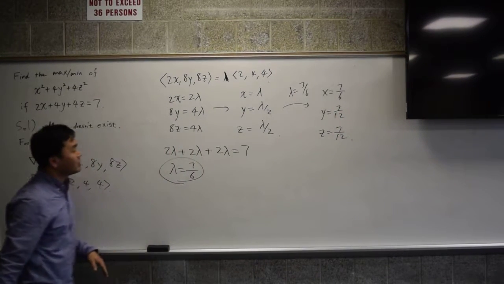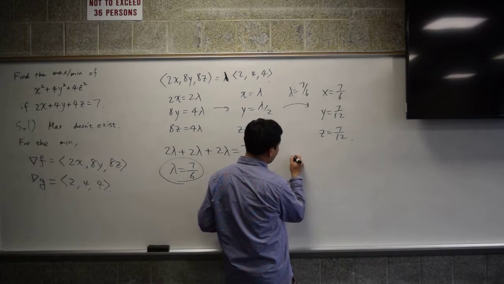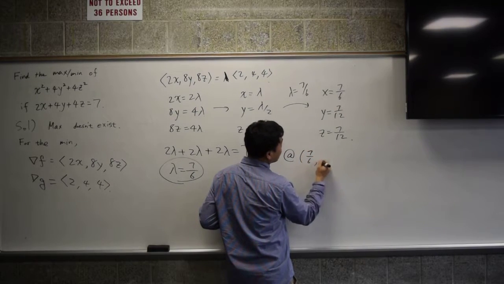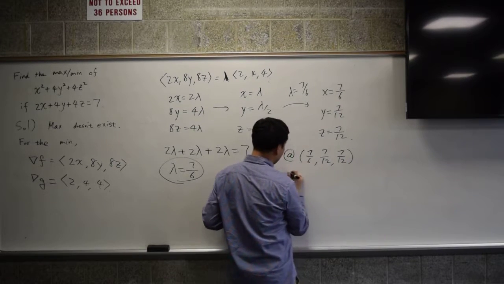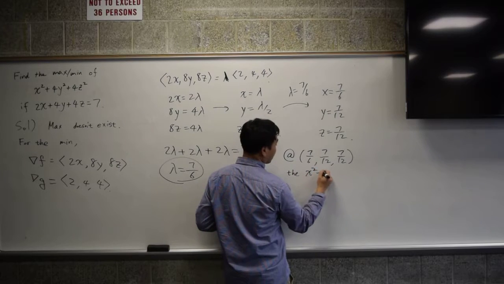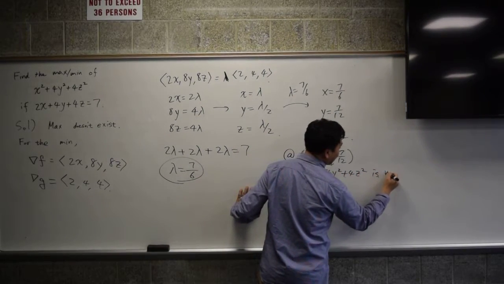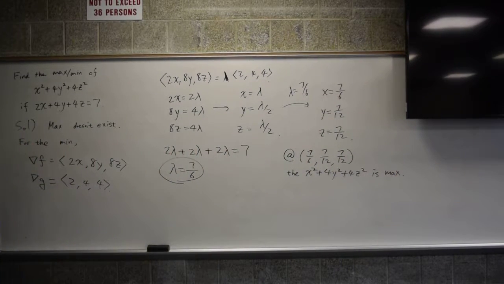And then we know that at 7 over 6, 7 over 12, 7 over 12, the x squared plus 4y squared plus 4z squared is extremized. That's what we figured out. So we plug them in.